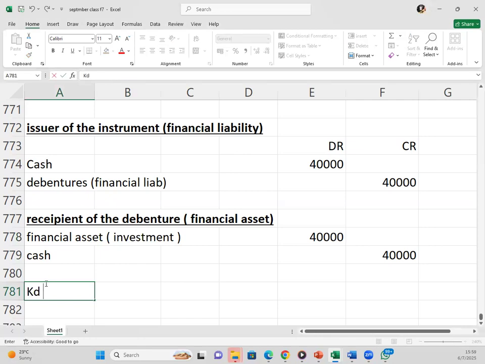KD Limited issued $40,000 ordinary shares to ABC Limited.